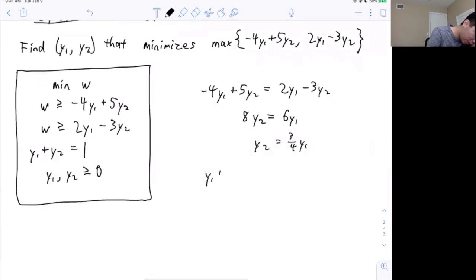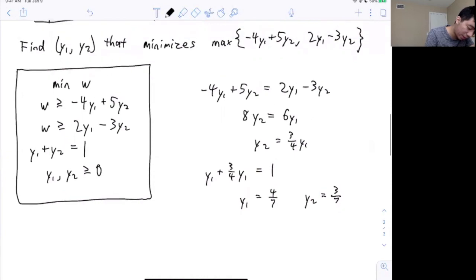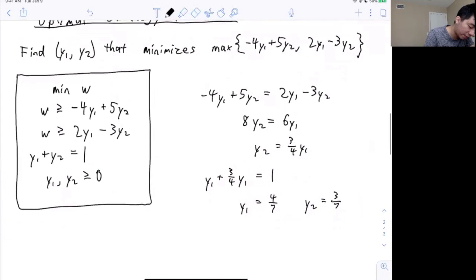Therefore, y1 plus 3/4 y1 equals 1, so 7/4 y1 equals 1, and y1 equals 4/7, and y2 is equal to 3/7. So this does happen to be the optimal strategy for the column player.